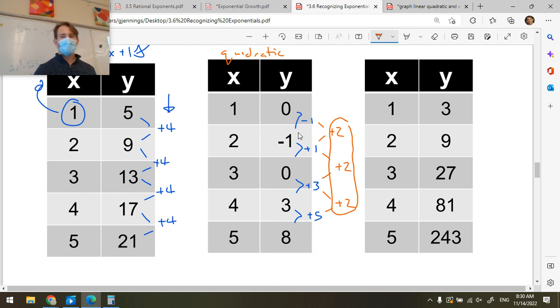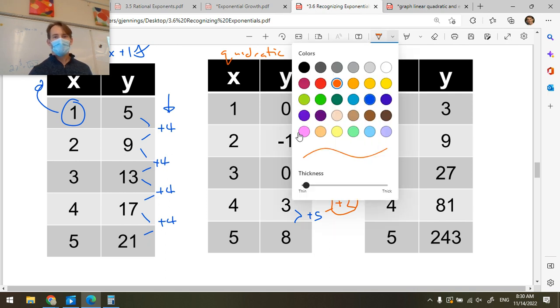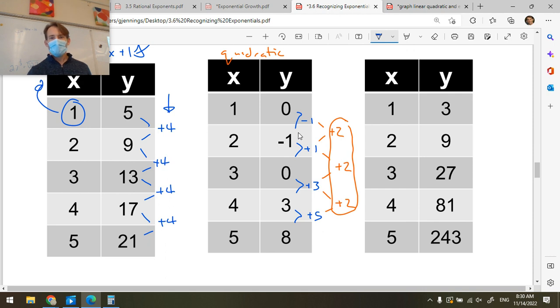And then finally, this one, let's see how it grows. 3 grows to 9. Well, that increased by 6. 9 grew to 27. That increased by 18. 27 growing to 81. That increases by 54.